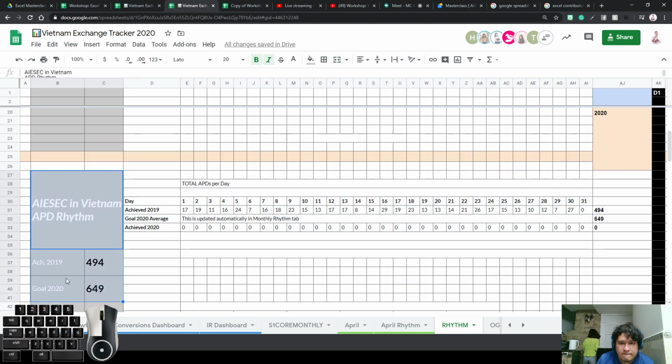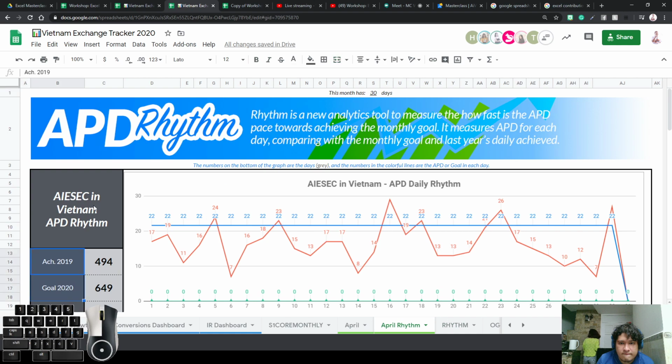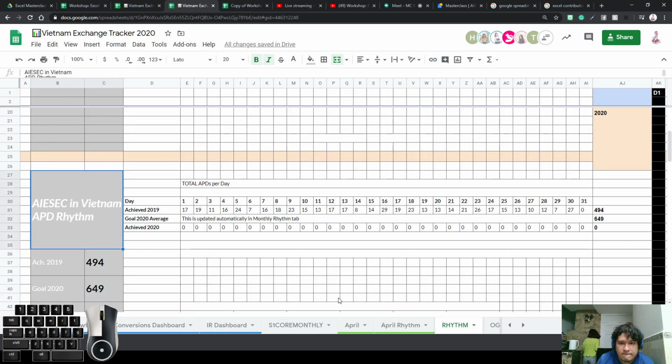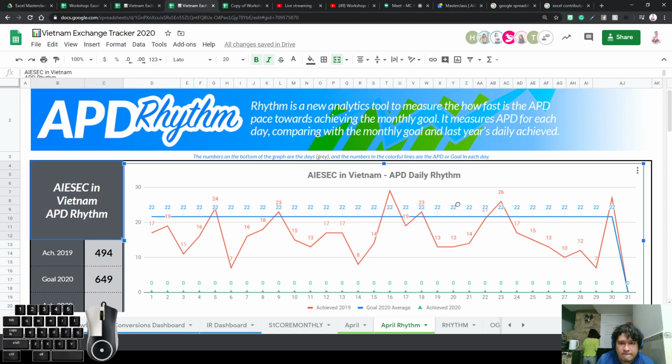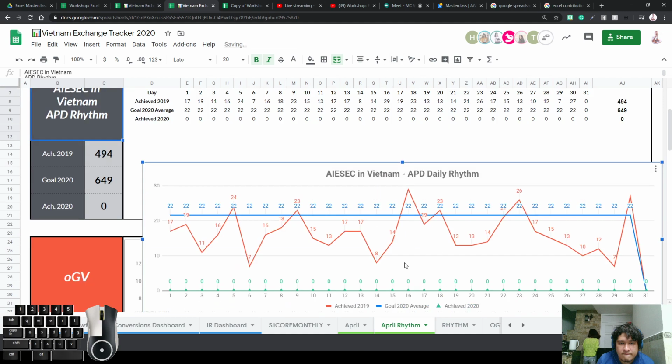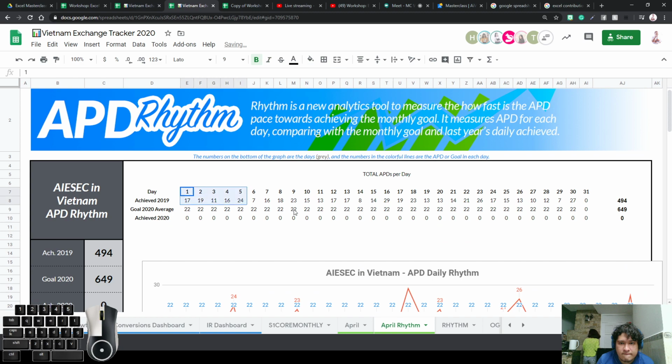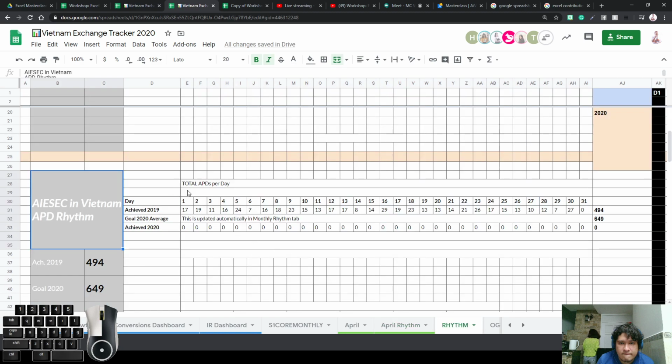But for example, it has this achieved and goal, here achieved and goal, Isaac in Vietnam, Isaac in Vietnam, and surprise, surprise, if you look behind the graph, there are some numbers, which are the same numbers that are here.